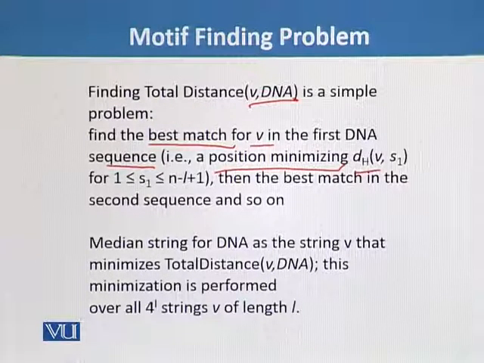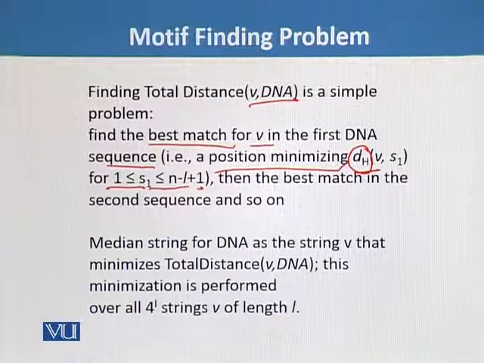It means the differences between the two strings must be minimized. There should be no differences. If there are no differences, then the Hamming distance will be minimized, and that will be minimized for 1 less than or equal to s1, and s1 less than or equal to n minus l plus 1.